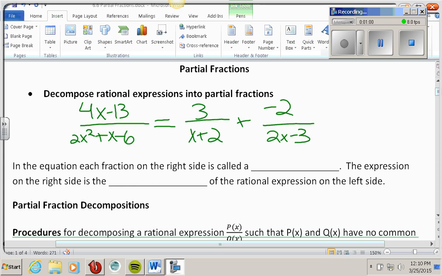So for the terms that we need to know, in the equation, each fraction on the right side is called a partial fraction.